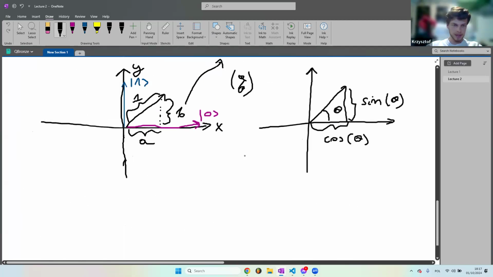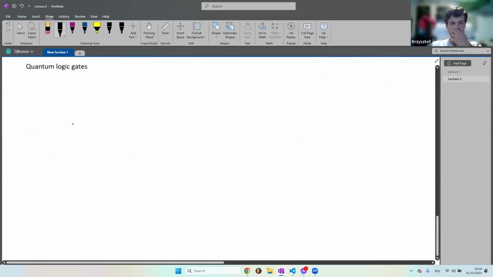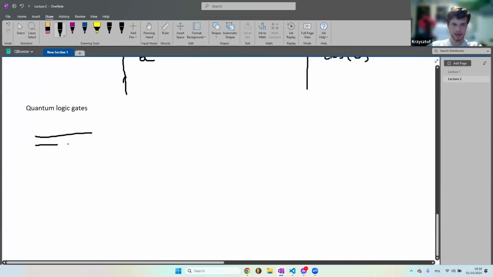So now let's go to quantum logic gates. They're quite different from the classical gates and Boolean algebra. For example, a classical AND gate receives two bits as input: 0 0, 1 0, 0 1, and 1 1.